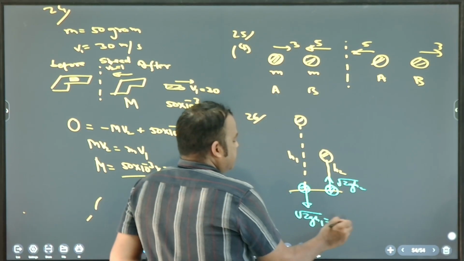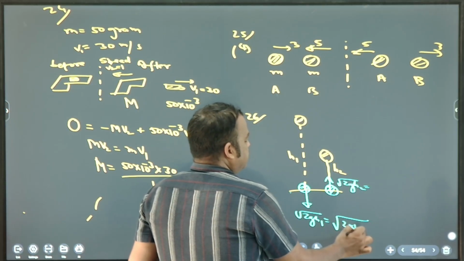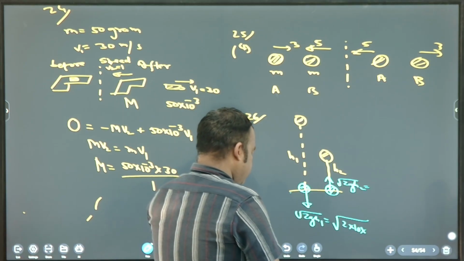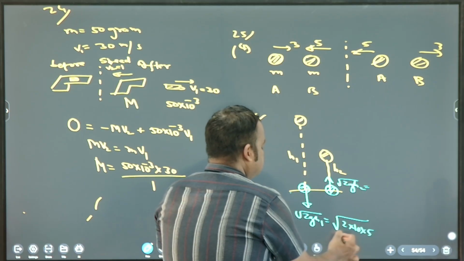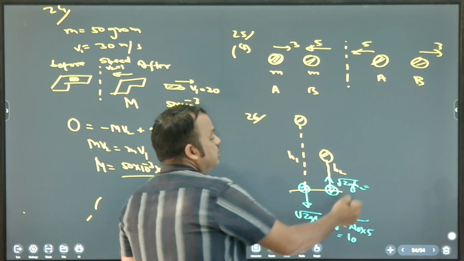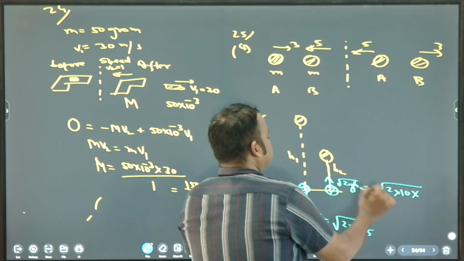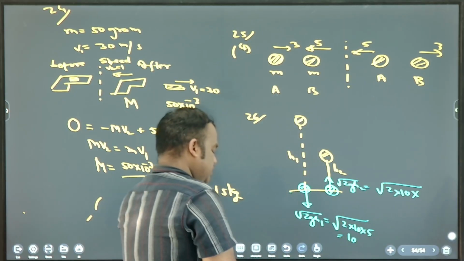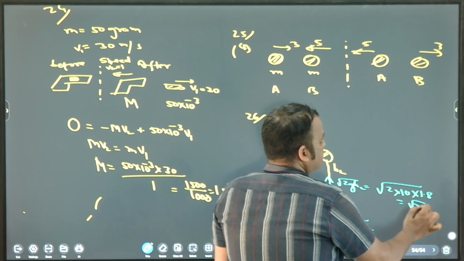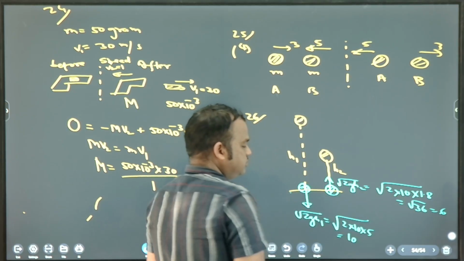Now calculate. Root 2 g h1, h1 is given 5, so this will be square root of 100, so 10. And this is square root of 2 into 10 into h2, h2 is given 1.8, so root 36, which is 6. So what is the loss in speed? 4.